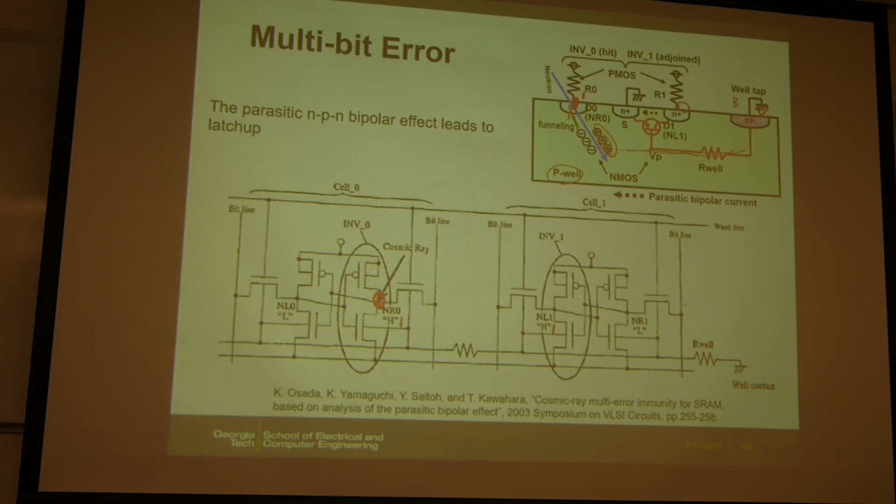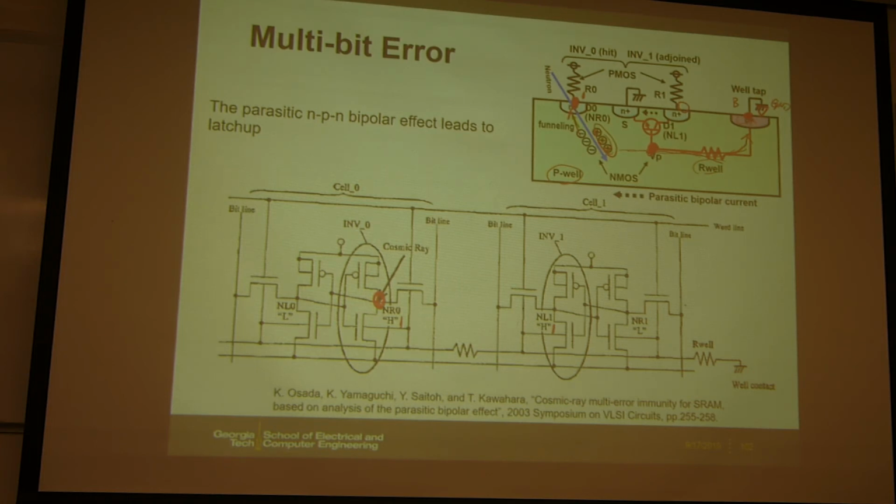When the holes travel through the substrate, the substrate has resistance, so it is like a resistor with current flowing through it. So you build up voltage along the substrate, which means the substrate at this location is not zero, while the substrate here is zero. This is GND, but since you have current flow in this direction, this point is not zero.